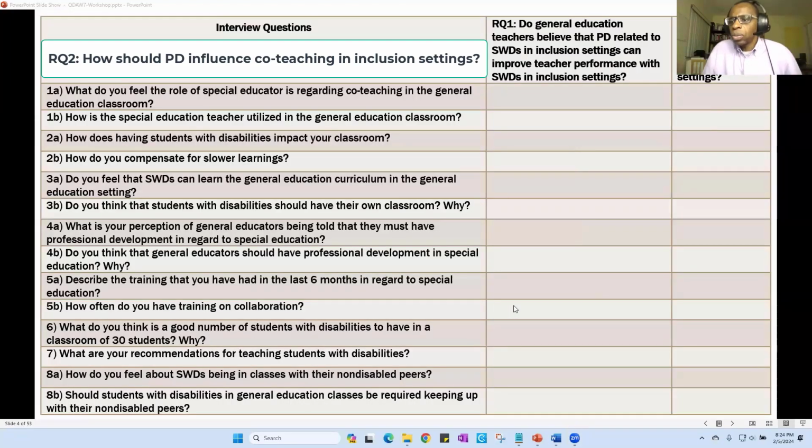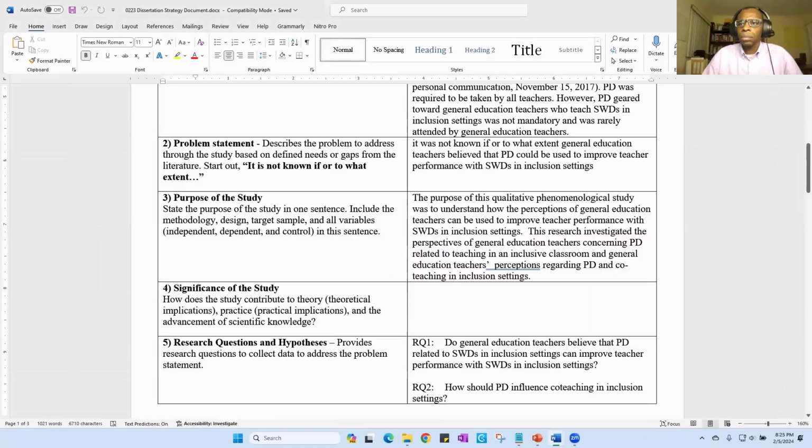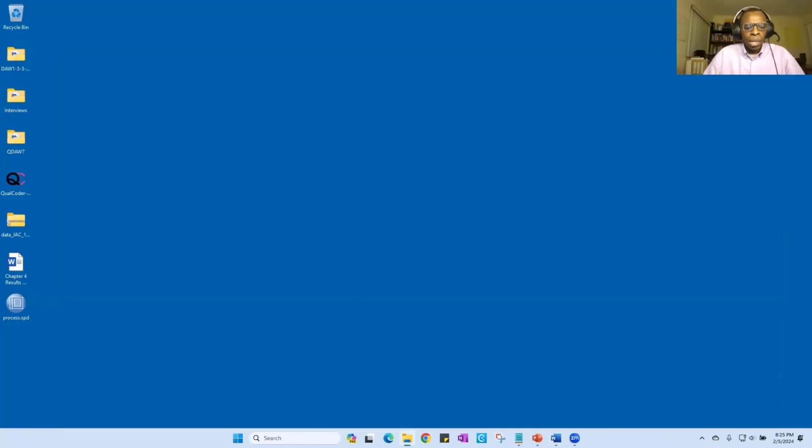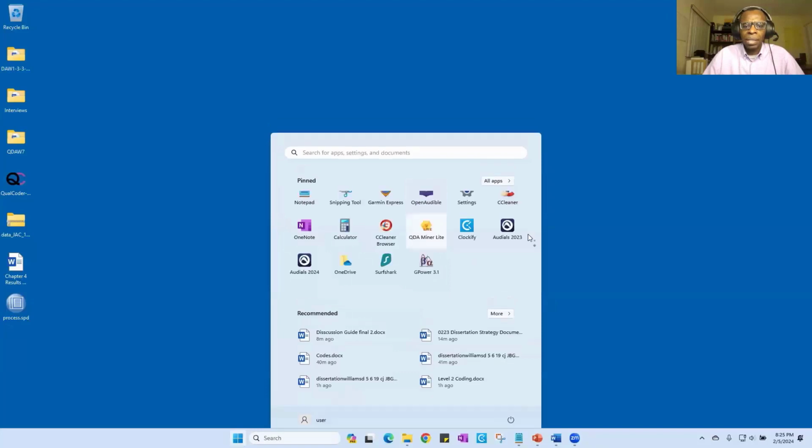Now what we're going to do is go to the software. So we're going to open up the software. Let's see, where is my software? Here it is, QDA Miner Lite.